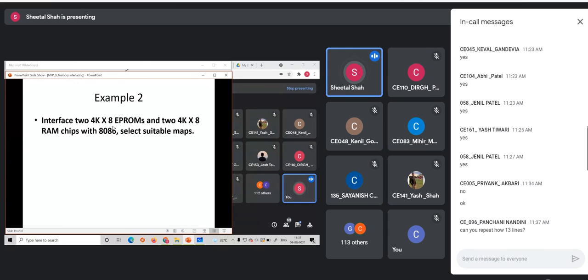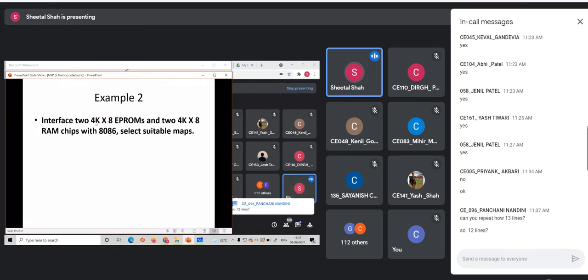Is this thing clear? Among these 13 address lines, A0 to A12, A0 is used for selecting the bank. The remaining 12 lines are used for the address, and can be connected to the address input of each of them, 12 lines for each of these ICs.